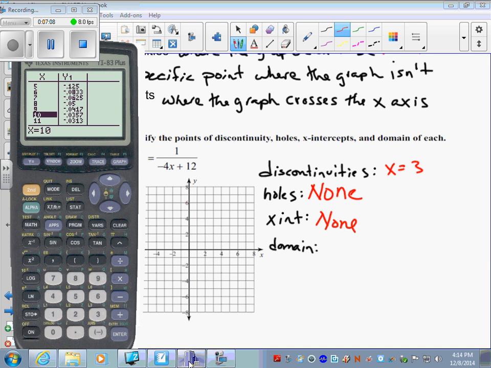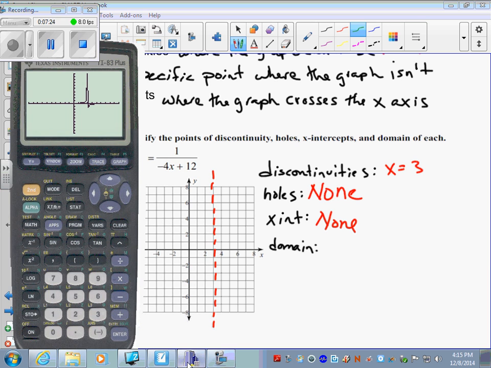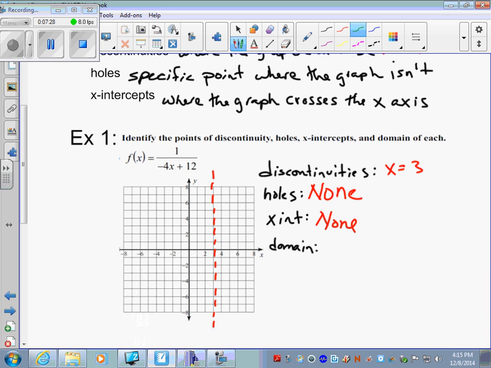So if I look at the graph, all of my x values starting from the left, what's going to happen is there's going to be a vertical asymptote at 3. And then the graph comes from left here, right along the asymptote. There's actually a horizontal asymptote at y equals 0.